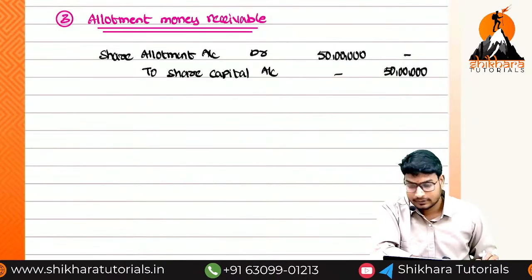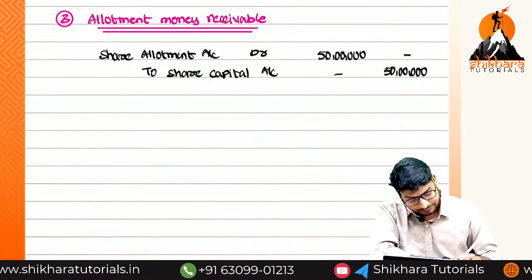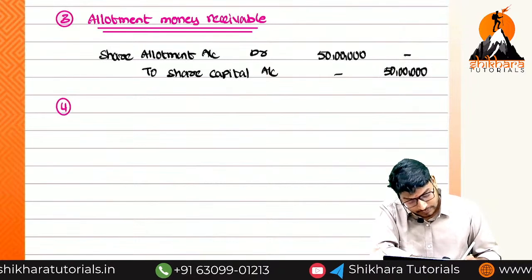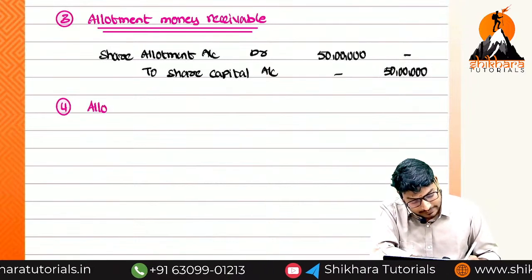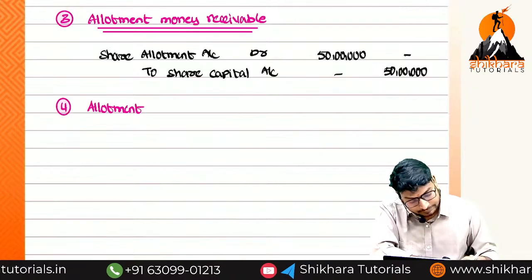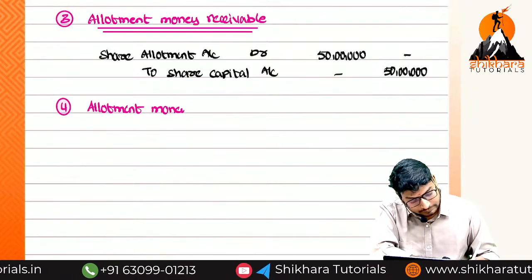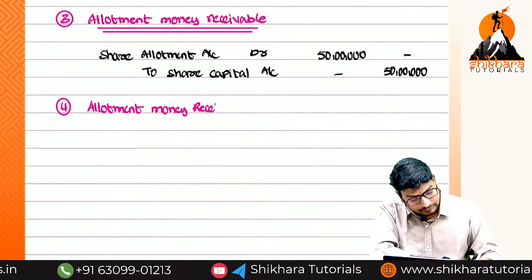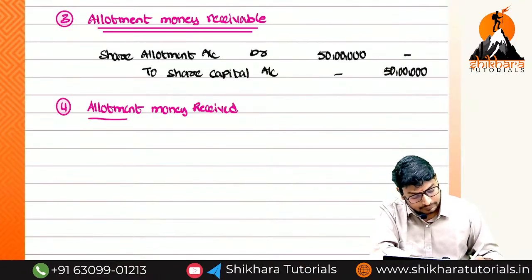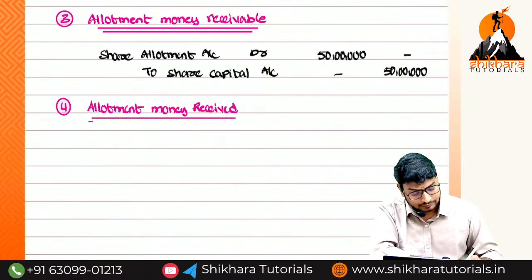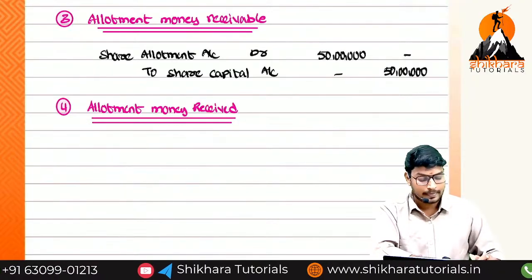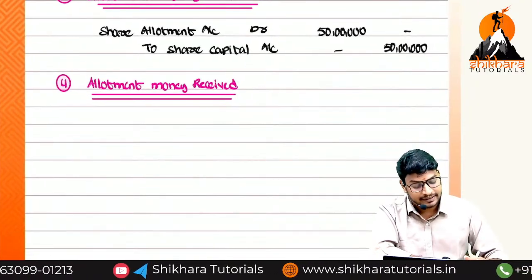What is the fourth entry? Allotment money received. What is the entry for the allotment money received?